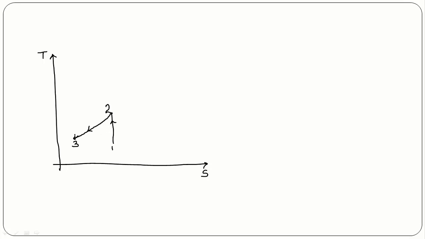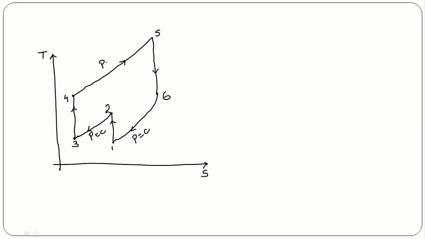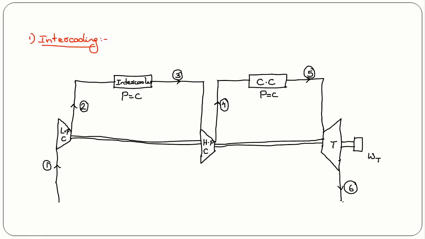Then 3 to 4 is isentropic compression again, and 4 to 5 is constant pressure heat addition. 5 to 6 is isentropic expansion in the turbine, and 6 to 1 is constant pressure heat rejection. So intercooling is constant pressure, and this is also constant pressure. If we want, we can close this by using a heat exchanger and assume this as a closed cycle plant also.